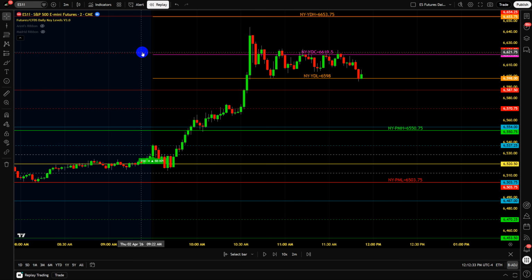So there's not going to be one uniform singular time frame that's ideal for each of those symbols, because each has different volatility characteristics, different average daily ranges, and different levels of liquidity. Some are a lot more liquid than others.